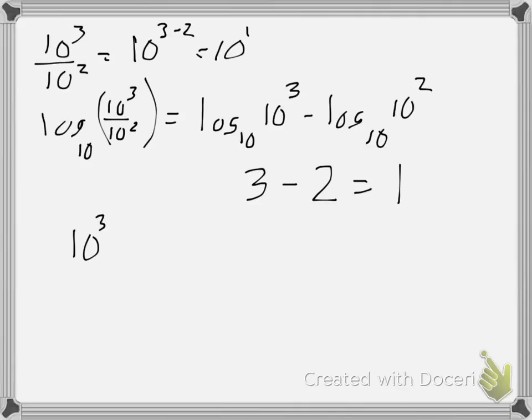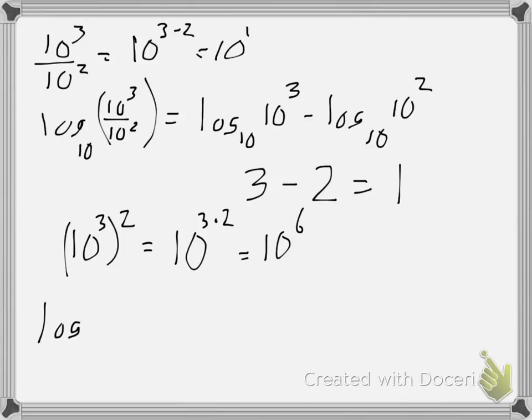What about this one? What do we do here? 10 to the 3 times 2, which is 10 to the 6. What if I put a log base 10 on the front of all of that?